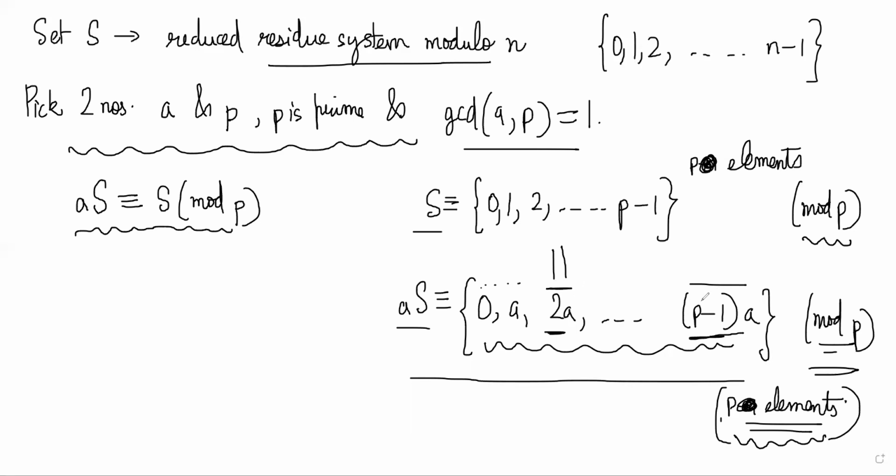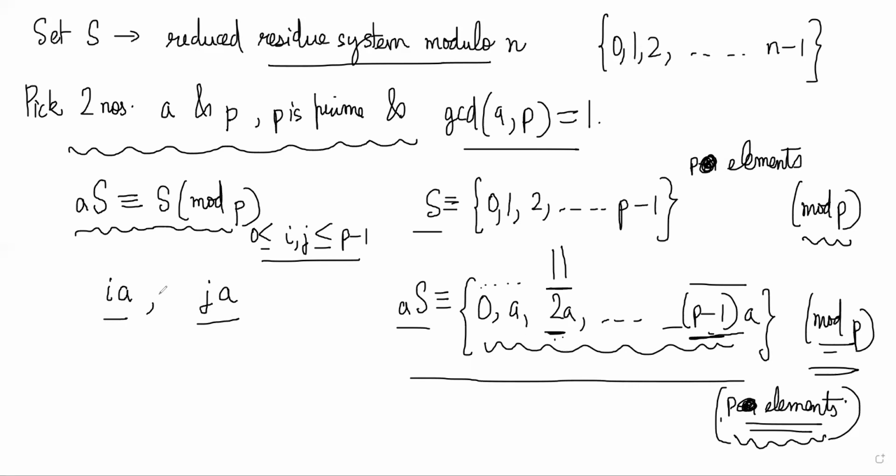So what I want to show is that the difference between any two, let's say one of them is IA, one of them is JA, where I and J are two integers that go from 0 to P minus 1. None of them is identical mod P, right?